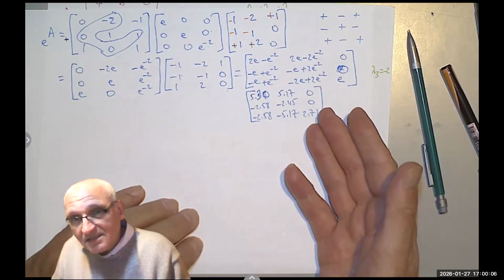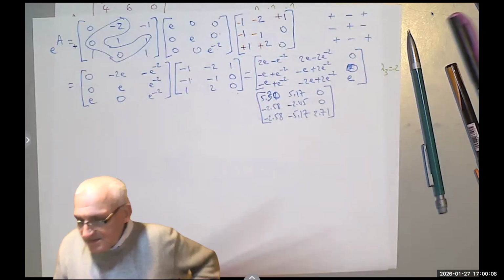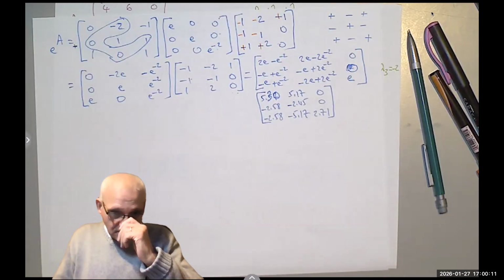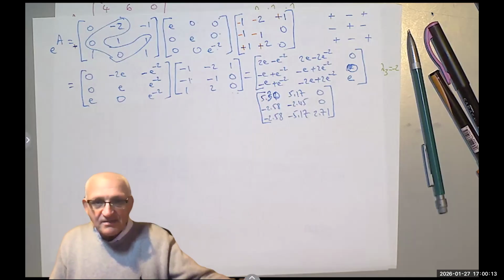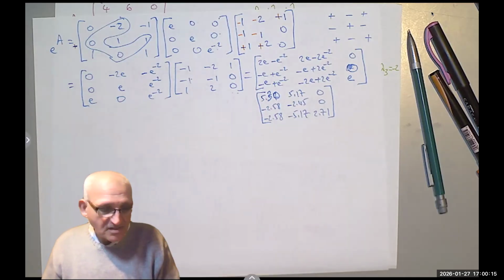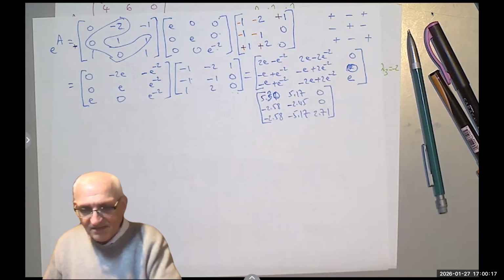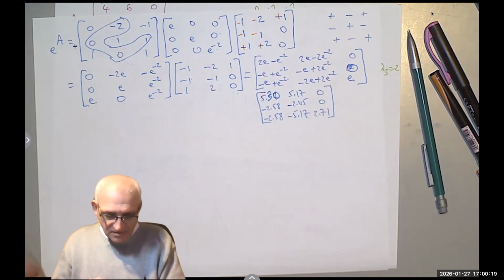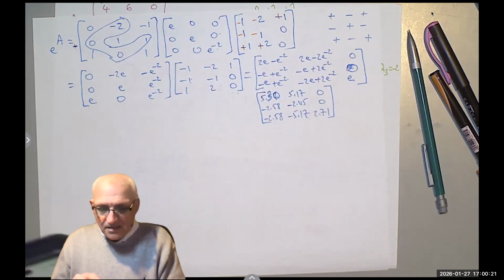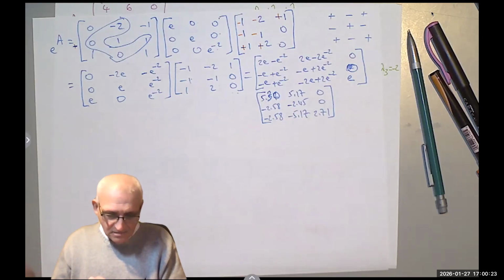Well, there are software options. You can use something like MATLAB or some other software can do it. In fact, I think I found one calculator online. Eigenvector, eigenvalue calculator.